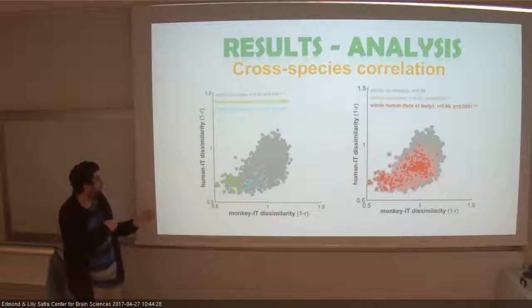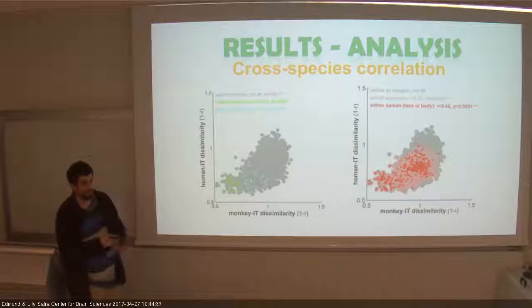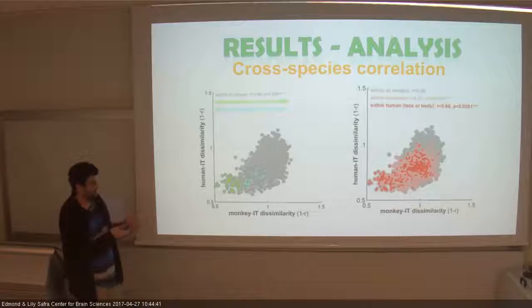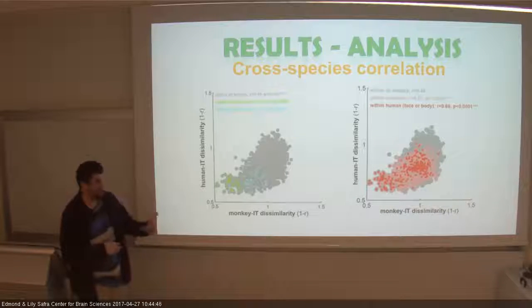However, this could maybe be explained by the fact that humans tend to differentiate human faces more, and monkeys tend to differentiate monkey faces more, since the IT has some responsibility in recognizing things of your species.